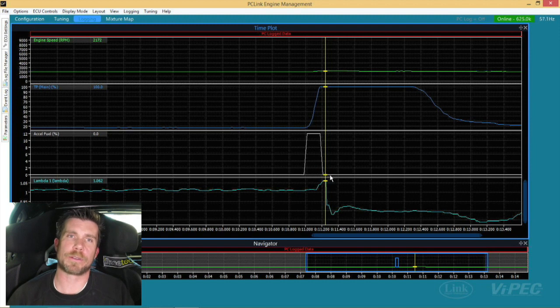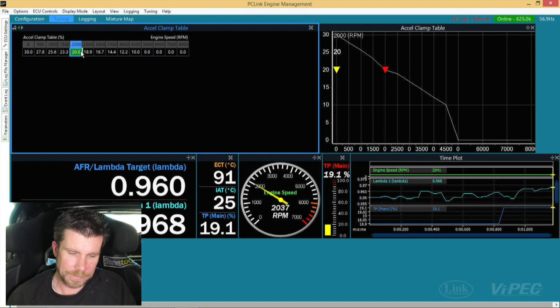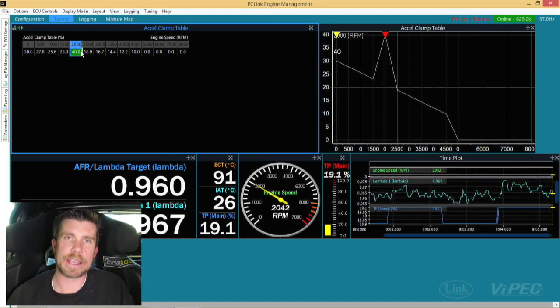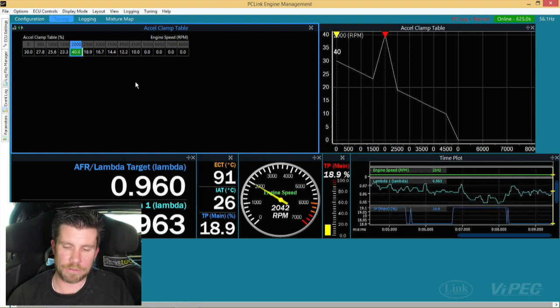However, if we were basing our results solely on the lambda data, we'd obviously go, well, we're still 6% leaner than ideal there, and in fact what we'd really want to do is see the air-fuel ratio drop straight down to our 0.90 target. So we would go and add additional fuel. Let's start the plot running again, and I'll go to 40%, so I've actually doubled the enrichment amount. I'm going to do another test now and we'll have a look at that.